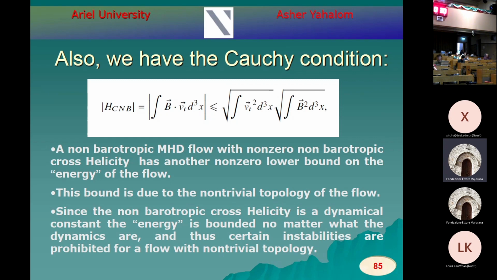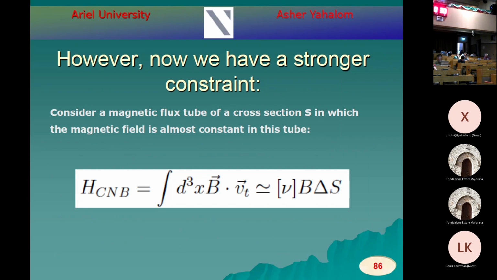Since the non-barotropic cross-helicity is a dynamical constant, the energy is bounded no matter what the dynamics are, and thus certain instabilities are prohibited for a flow with non-trivial topology. But that's not the best thing, because we have a stronger constraint.